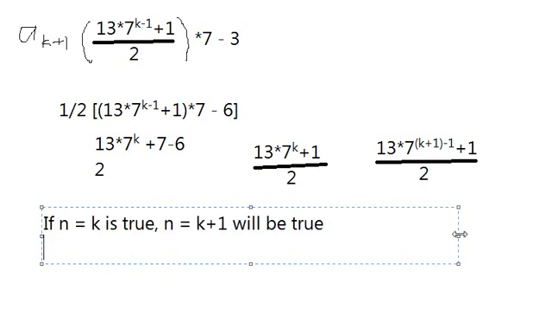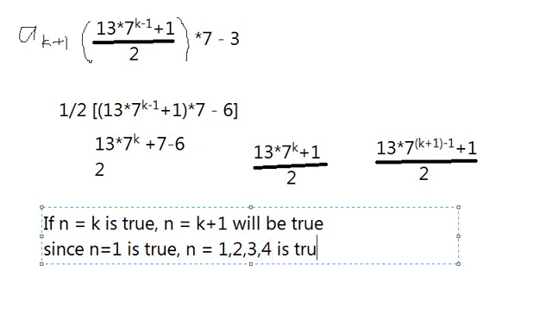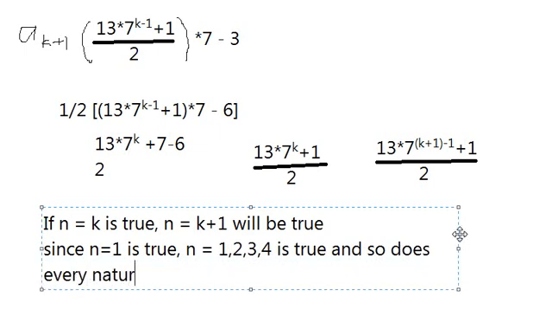Then next step, since n equals 1 is true, we can say that n equals 1, 2, 3, 4 is true, and so does every natural number.